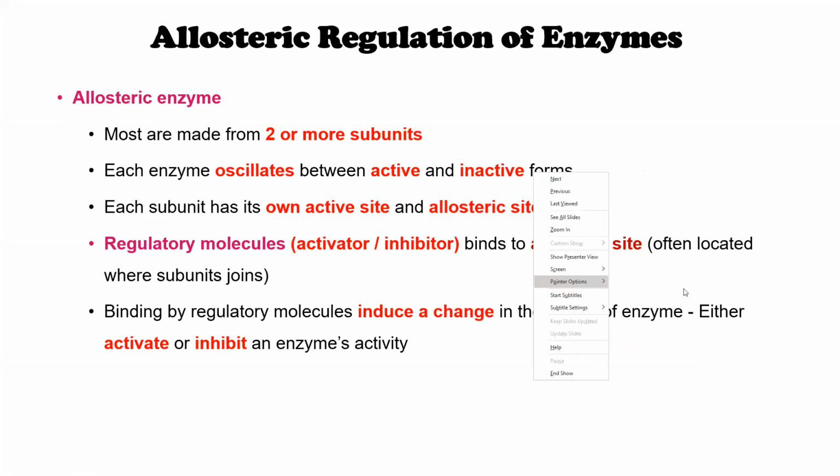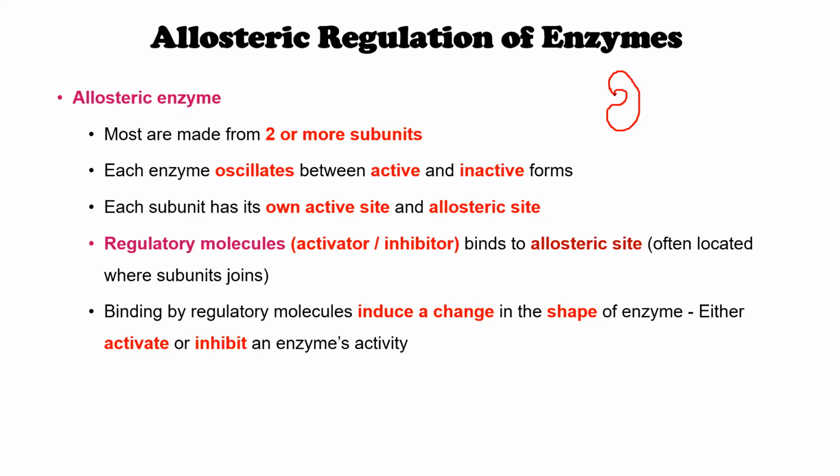This is an example: one subunit with its active site, the second subunit with its active site, the third, and the fourth. This one has 4 subunits. Each of these subunits is the same enzyme, which means they bind to the same substrate. They have the same active site.